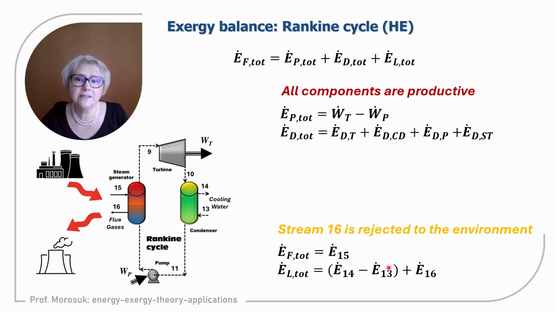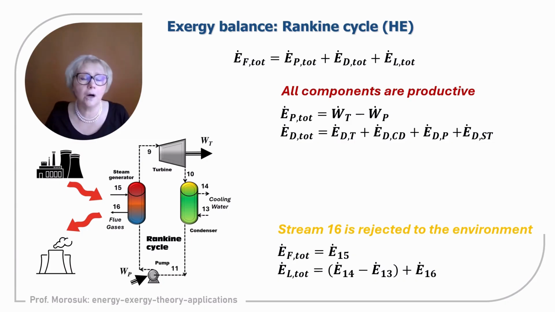Again, condenser can be treated differently, productive or dissipative, but 16 definitely will be associated with the exergy losses of the entire system. Therefore, exergetic efficiency now will definitely be lower than in the previous case, but it will be a more realistic evaluation of the energy conversion system.